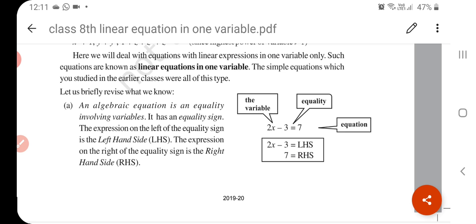If 2x minus 3 is there, how many terms are there? There are two terms, that is 2x and minus 3.